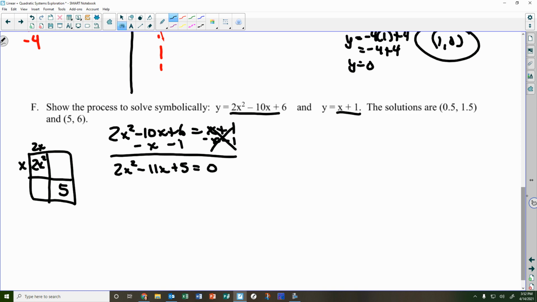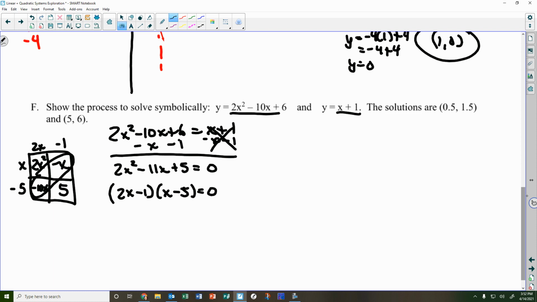But my 5s are going to have to be negatives to get there because I got to get the middle term negative, right? Well, 5s are 1 and 5, right? So if I make this negative 5 and that negative 1, I got negative x here and negative 10x here. And that gets me my negative 11x. So my factors would be 2x minus 1 and x minus 5.